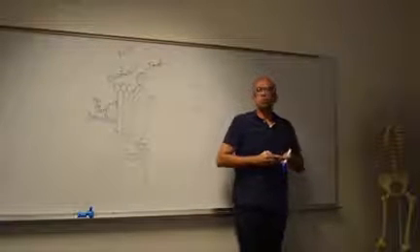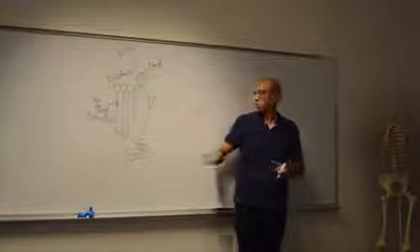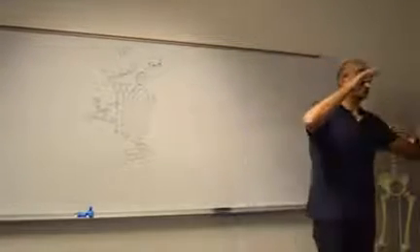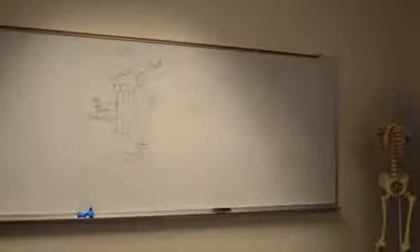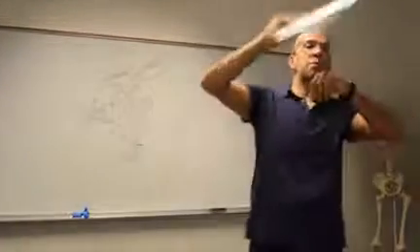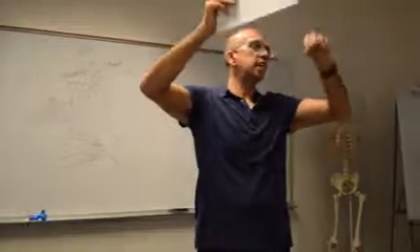Before we get to this, I need to ask you a question here. Is the plasma membrane attached to the internal structure of your cells? What do you think? If this is my plasma membrane, and this is the internal skeleton of the cell, are those attached together?